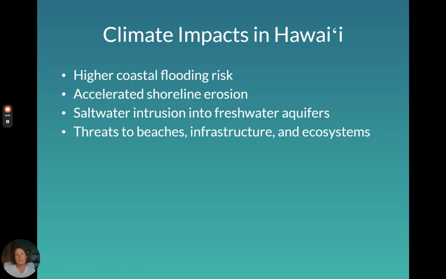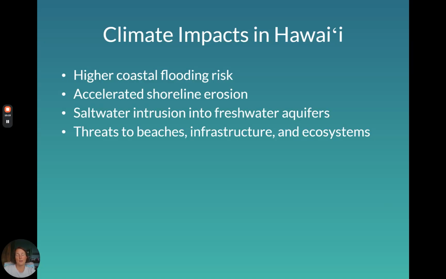Here in Hawaii specifically, sea level rise definitely causes higher coastal flooding risk. Any storm that we have is more likely to cause major flooding the higher the sea level is. Accelerated shoreline erosion: all of our shorelines are already fairly susceptible to erosion, and with sea level rise, they're even more susceptible. Saltwater intrusion into freshwater aquifers is obviously a major issue.